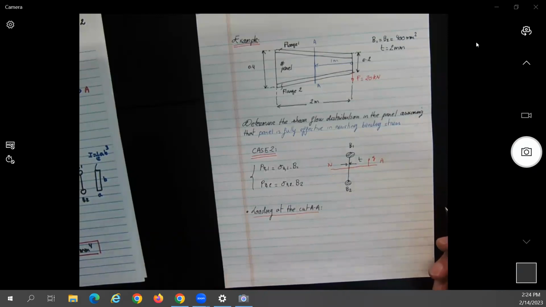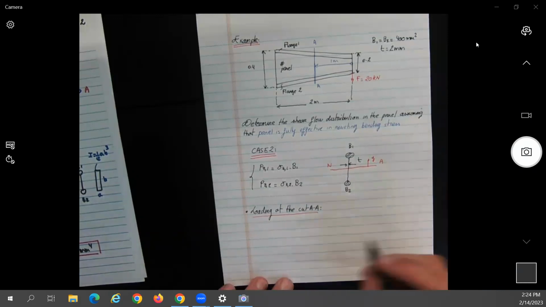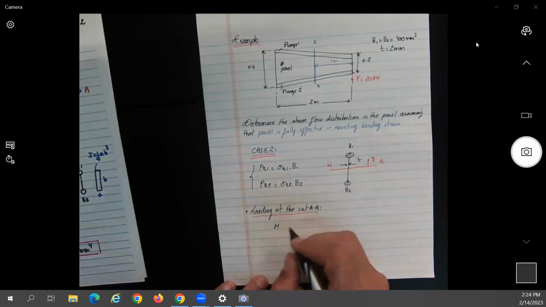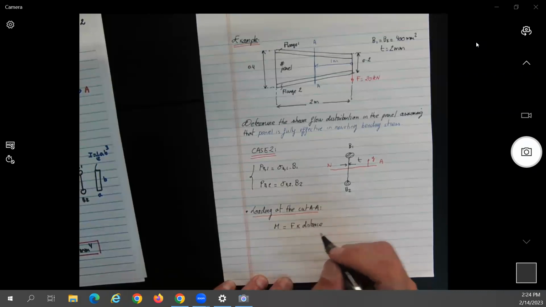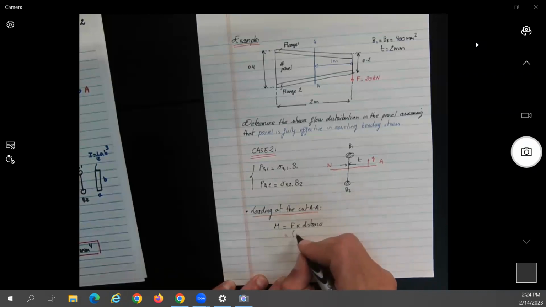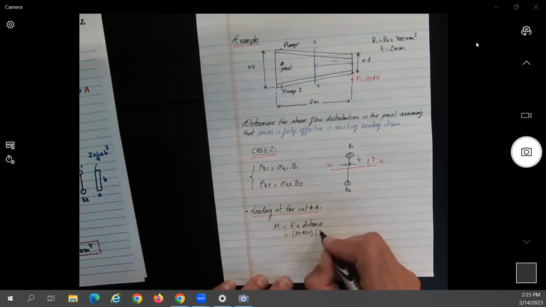Bending is induced by what type of load? Bending moments, no? So at the cut, what will be the moment? The value of the force times the distance. What is the force? 20 kilonewtons times 1 meter.